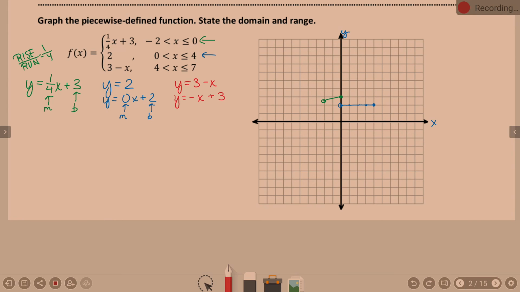What's my y-intercept here? 3. And what's my slope? It's that -1, that invisible -1. Okay. So y-intercept of 3. Oh, well, that's interesting. We already have a point there, don't we? But that's just kind of my get-this-line-placed thing, right?